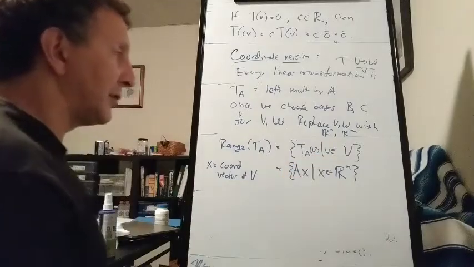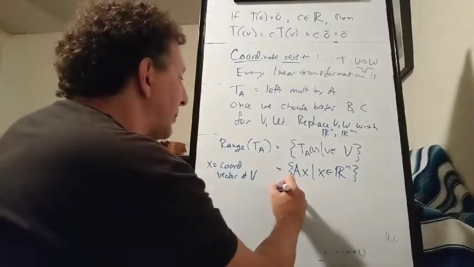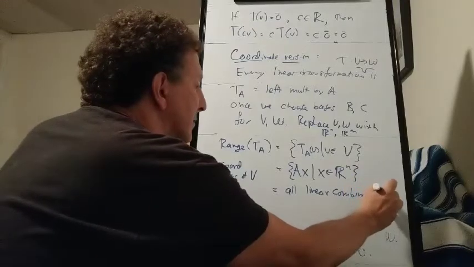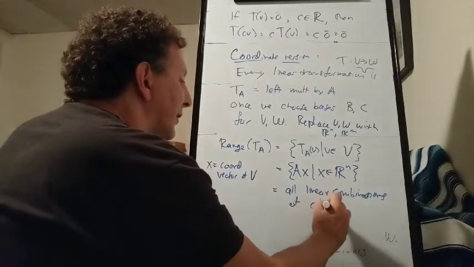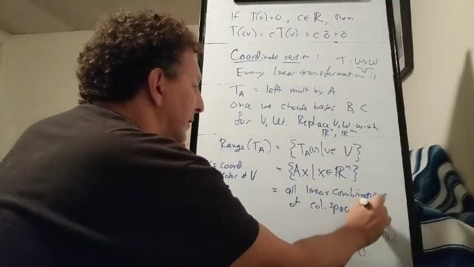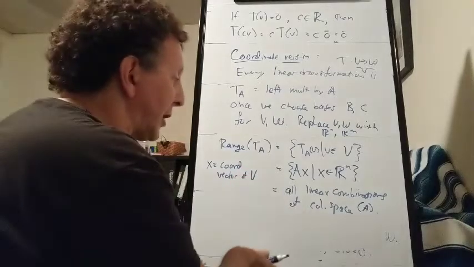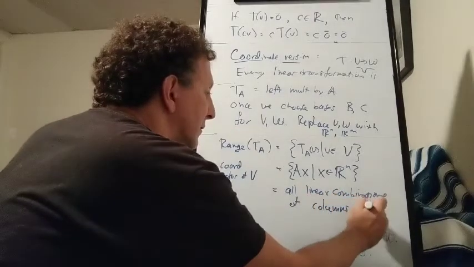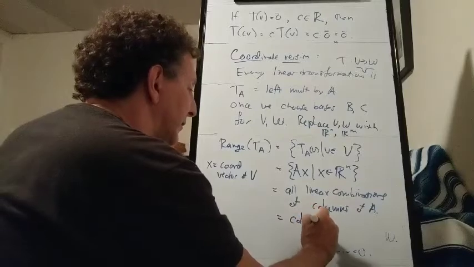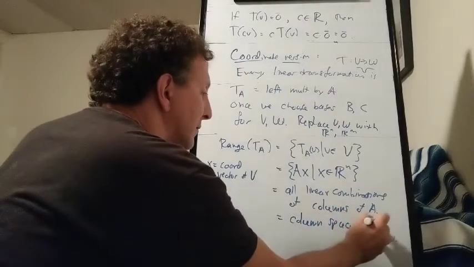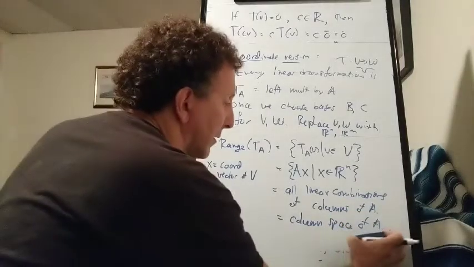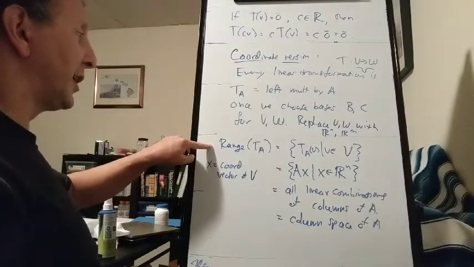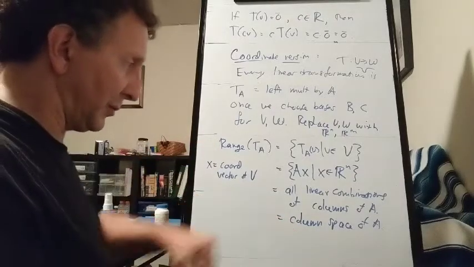But Ax, as x varies over all real vectors in R^n, is just all linear combinations of the columns of A, which is the column space of A. So range is really the coordinate-free version of column space, which we already know.